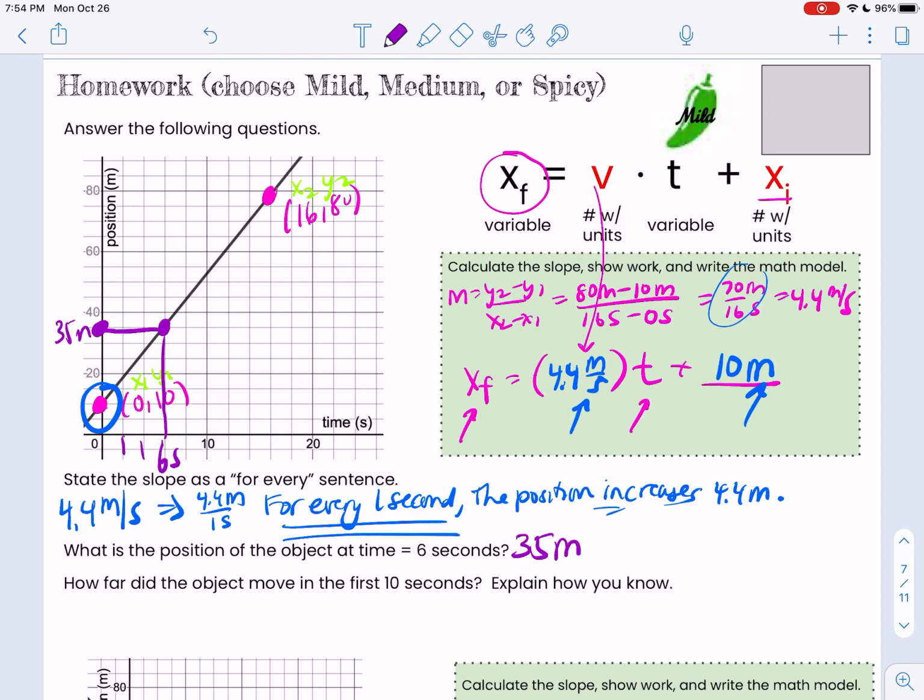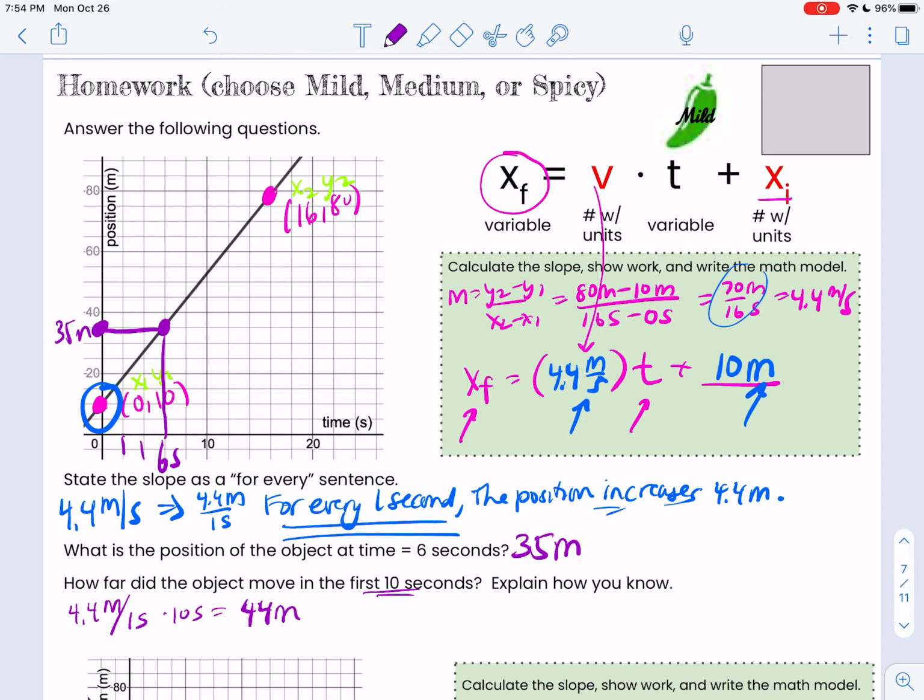That's the position. And how far did it move in the first 10 seconds? Explain how you know. Well, if I know it's going 4.4 meters every 1 second, in 10 seconds, it's going to go 10 times that, or 44 meters, roughly. All right, 44 meters.